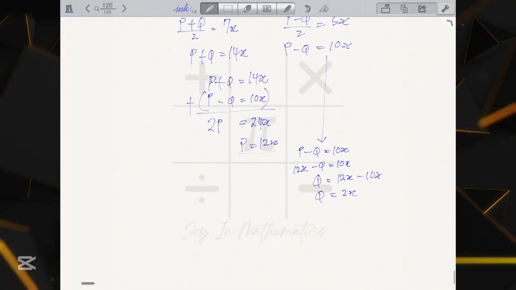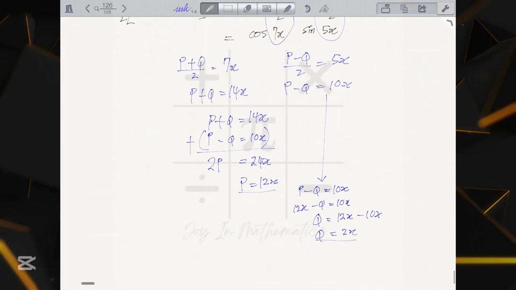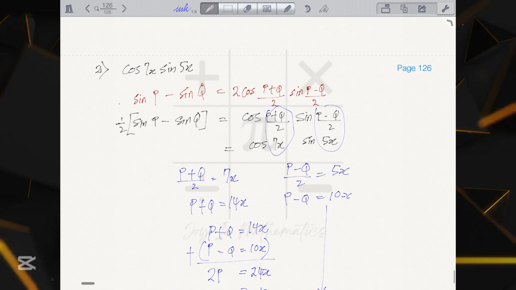So we go back to our formula that we are looking for, that cos 7x sine 5x will be equal to 1 over 2 sine p minus sine q. Therefore, let's write it out again.